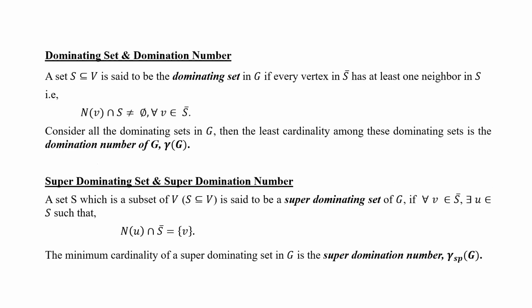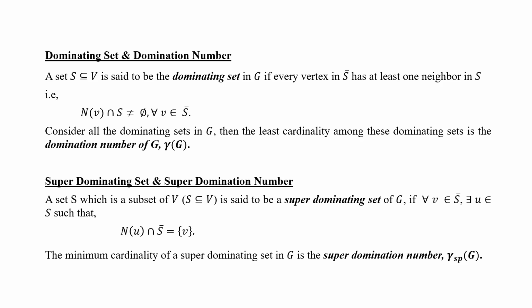A set S, a subset of V, is said to be a dominating set if every vertex in S bar has at least one neighbor in S. That is, N of V intersection S bar is not empty for all V belonging to S bar. If we consider all the dominating sets in G, the least cardinality among them is the domination number gamma of G. Then comes the definition of super dominating set and super domination number.